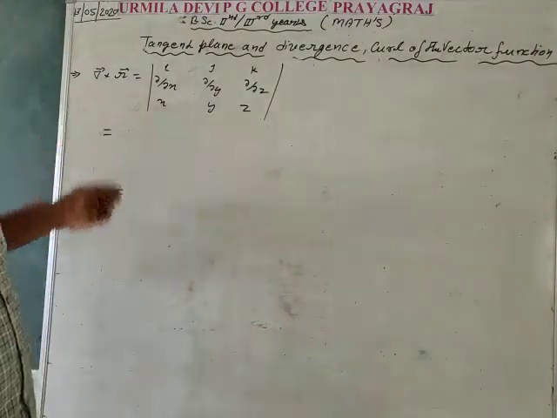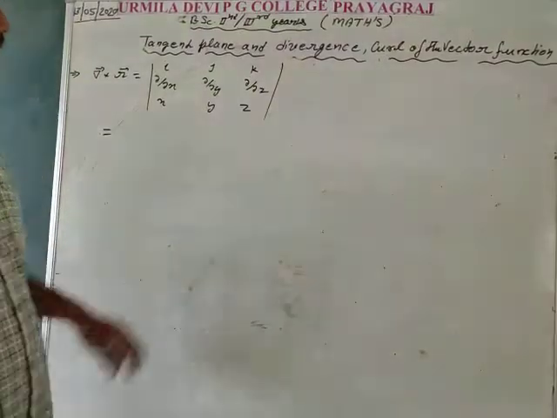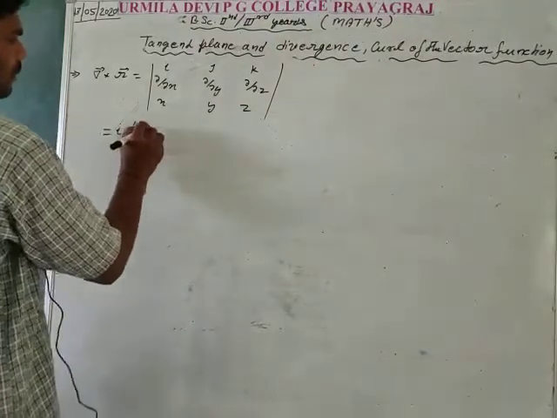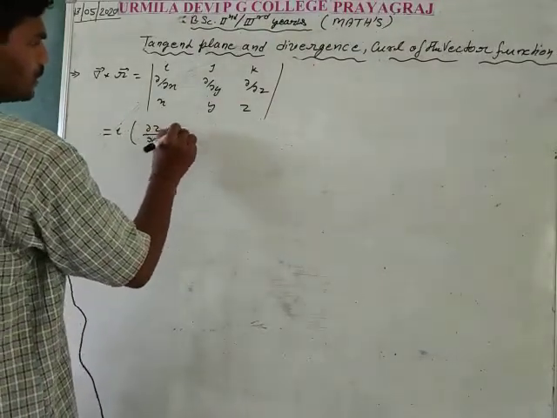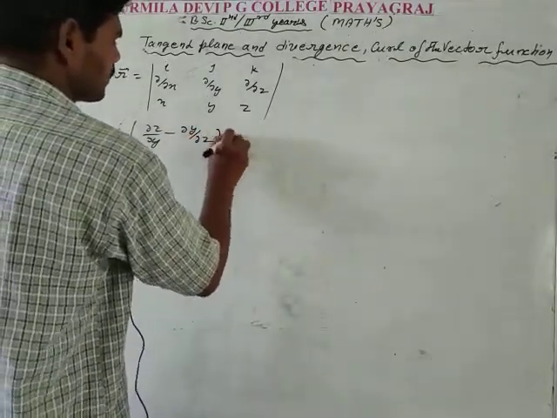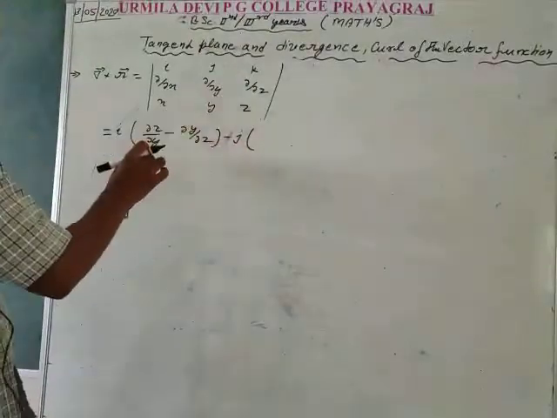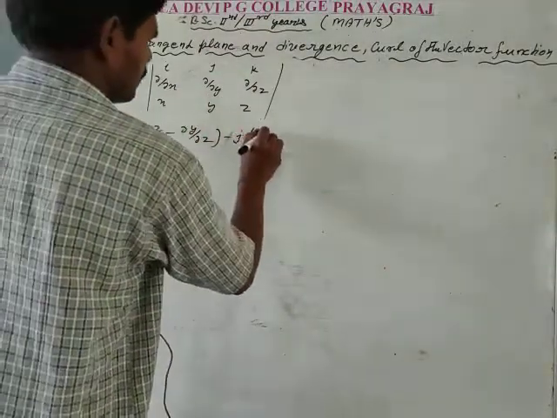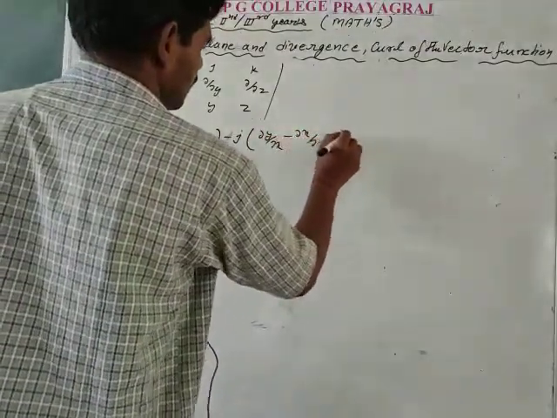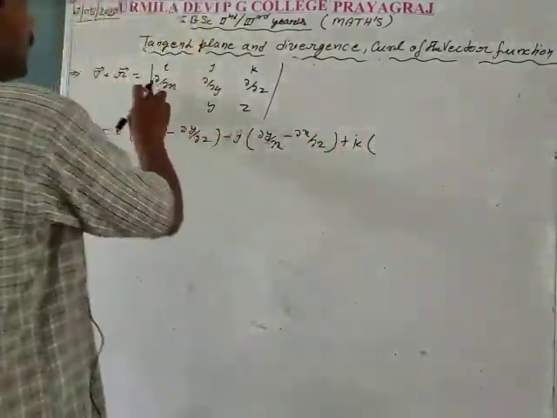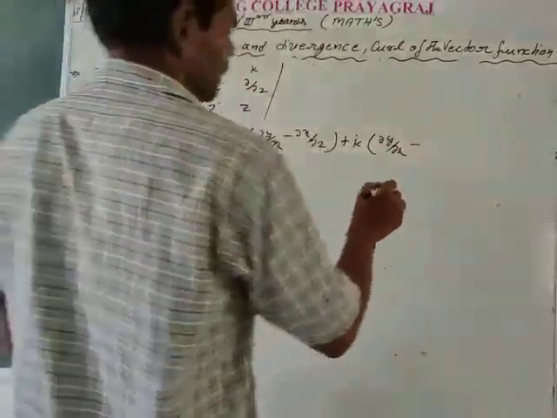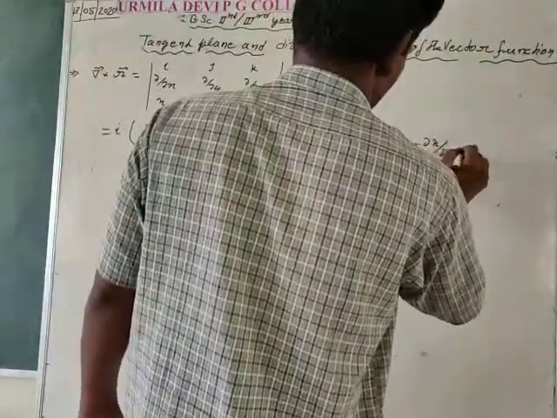So find the value of curl r by the determinant method: i times (del z by del y minus del y by del z), minus j times (del z by del x minus del x by del z), and at last k times (del y by del x minus del x by del y).